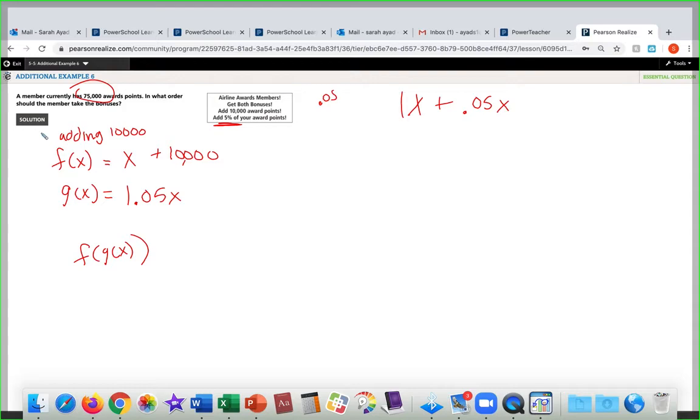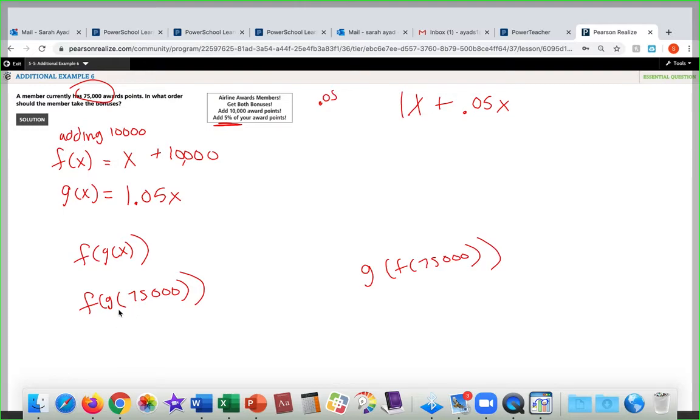I have 75,000. So really I'm going to find f of g of 75,000, or do I want g of f of 75,000? So, which order do I want to do this in?